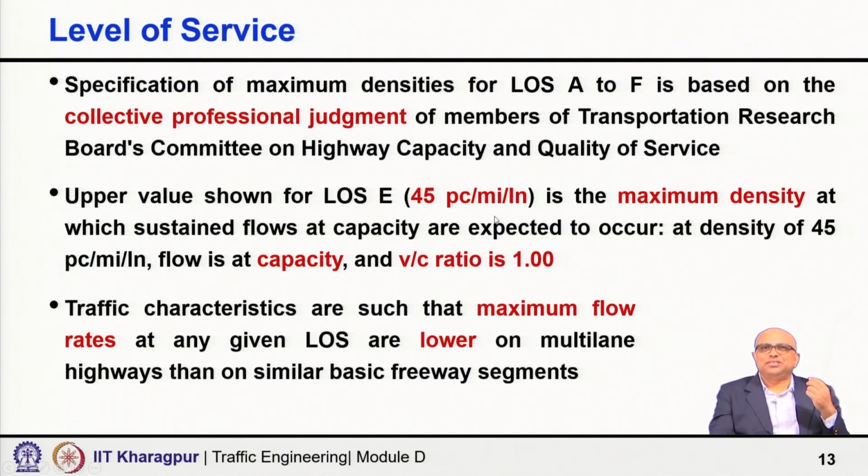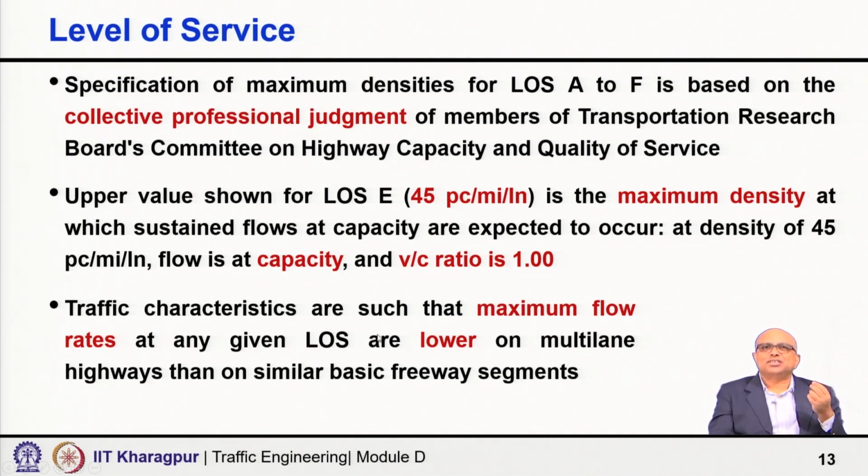The upper value of LOS E, that is 45 passenger cars per mile per lane, as I mentioned in my previous lecture also, is the maximum density at which sustained flow at capacity is expected to occur. So, that means at a density of 45 passenger cars per mile per lane, flow is at capacity and the V by C ratio is 1.